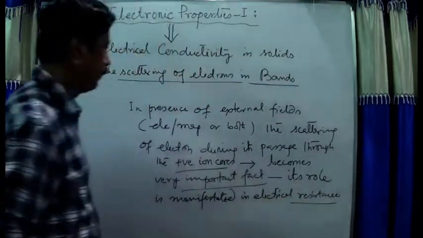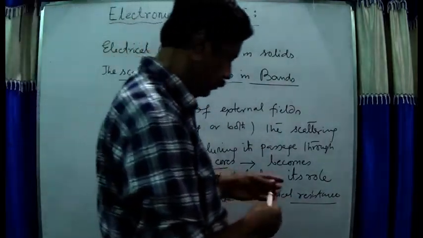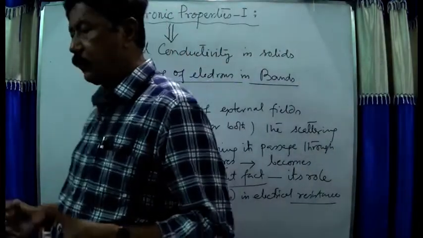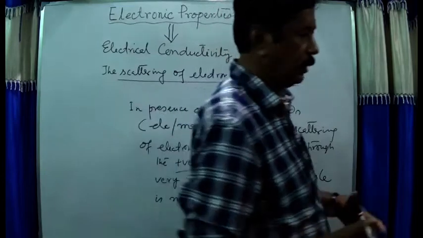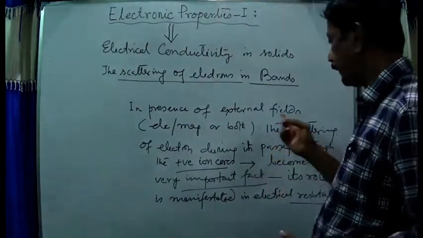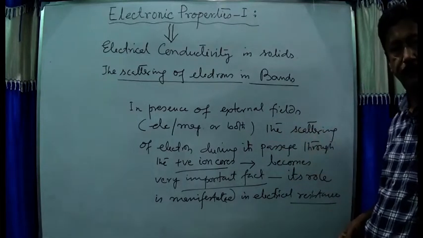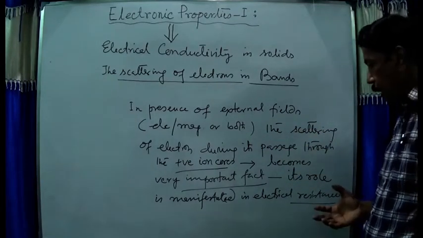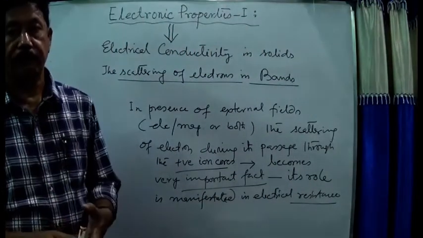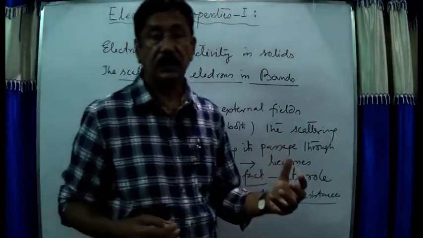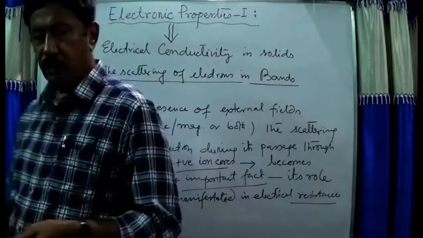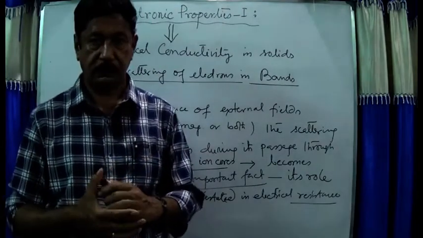Okay. So this is very quite natural that during the motion of electron inside the crystal lattice, the scattering phenomena comes into play. And that phenomena has an important role in developing the resistance, which is called the electrical resistance.